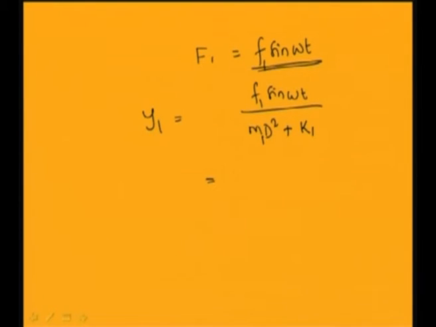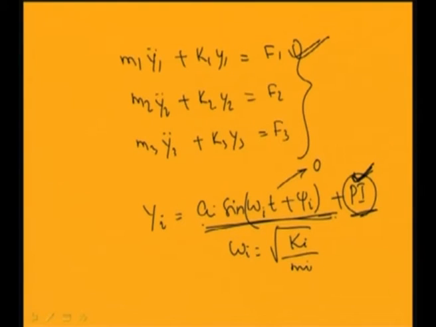So this becomes f1 sin omega t by minus m1 omega square plus k1. This is the particular integral part of the system, and the complementary part is ai sin omega i t plus psi i. The summation of these two terms will give y1. Similarly y2 and y3 can be obtained.